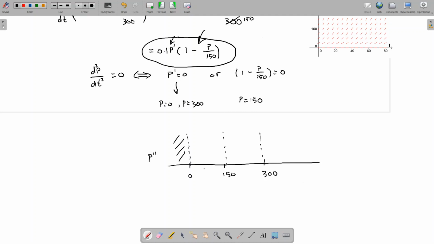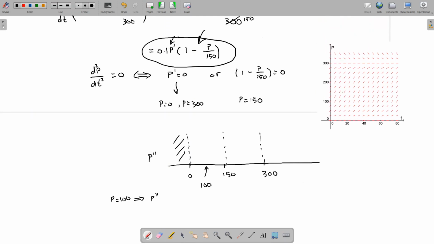Suppose that, let's just pick a test point just to make it easy. Let's pick 100. So if population is equal to 100, then p double prime, we want to know whether it's positive or negative. So let's come back up to the differential equation. When the population is 100, let's actually pull this graph down too so you can see it a little bit better. Okay, if population is 100, then notice all of these slopes are positive, which means the first derivative is positive.